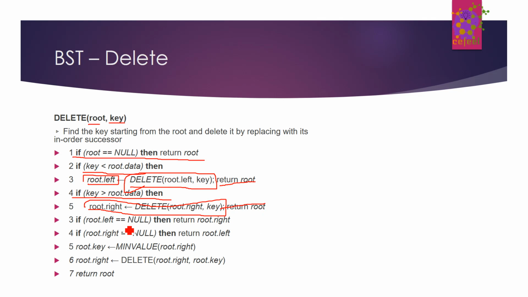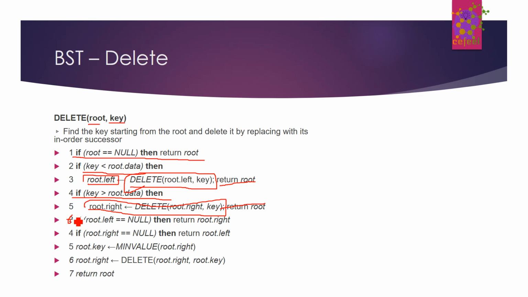Okay, cool. Now what happens if the root's left subtree is null? This is the condition where we are actually handling the cases. Let's say the root is not null, and the key is the root, which means the root node itself needs to be deleted. In this case the previous two checks will fail, because the key will be neither less than nor greater than root, but equal to root.